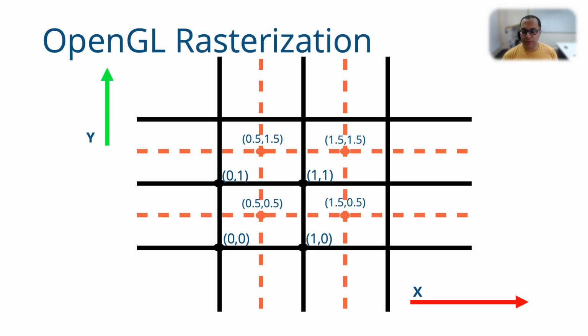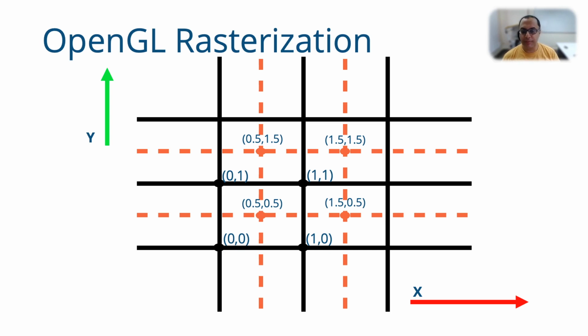Now we can also assign subpixel coordinates to the centers of the pixels. If this is 0, 0, this is 1, 0, this is 1, 1, and this is 0, 1, then this point is 0.5, 0.5. This is 1.5, 0.5. You cannot really address these subpixel coordinates, but for the purpose of the specification, OpenGL is just talking about the center of the pixel.